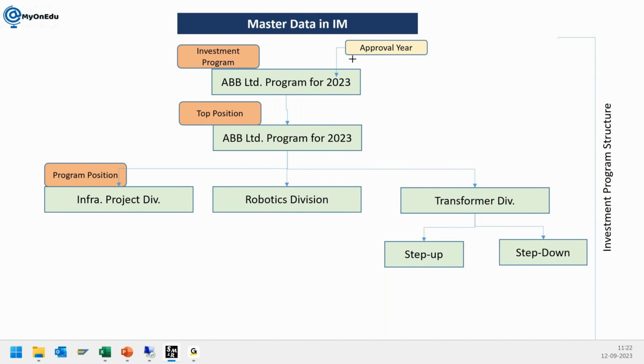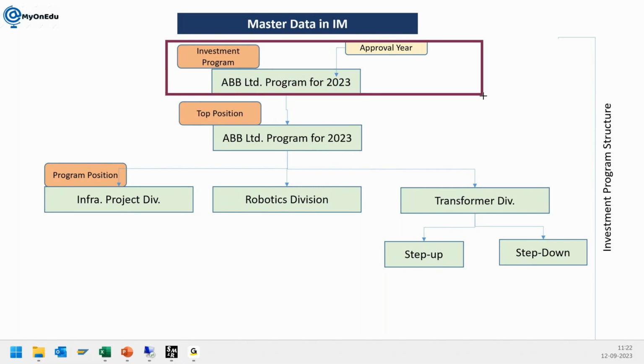So the first thing here is, we have an investment program. The investment program is part of master data. Let's say an investment program is created for each year in the system. Some organizations mostly have only one program for each year.